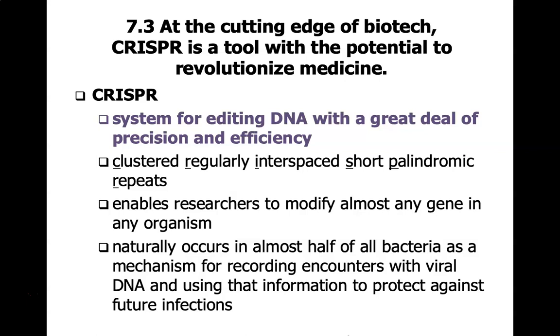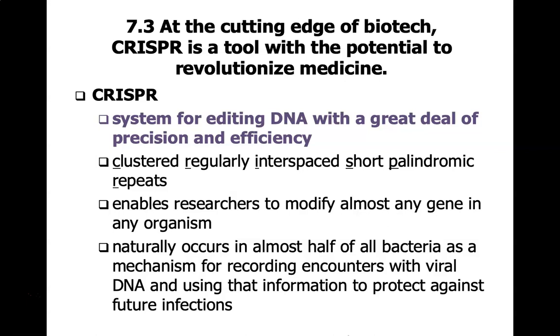Now, this was discovered in bacteria, just like restriction enzymes, and has a similar purpose to restriction enzymes. Basically, it is part of the bacterial immune system. And just like our immune system sort of has a memory, meaning that you produce antibodies when you are exposed to a disease, and your immune system actually remembers the virus.